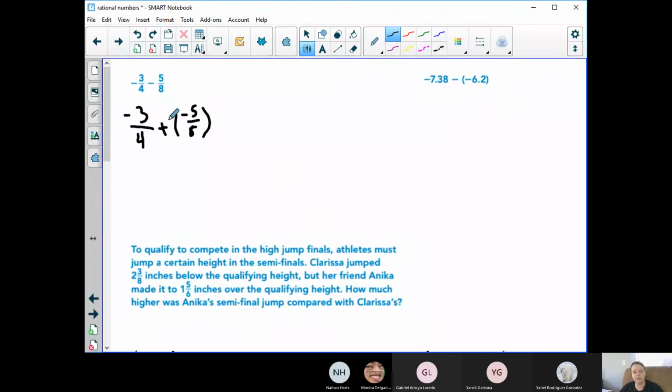So we know from when we talked about adding rational numbers that we can't add fractions together until they have a common denominator. So what is the least common denominator that 4 and 8 have? If I were to find multiples, Monica is saying 8. So 4 times 1 is 4, 4 times 2 is 8, 12, 16.